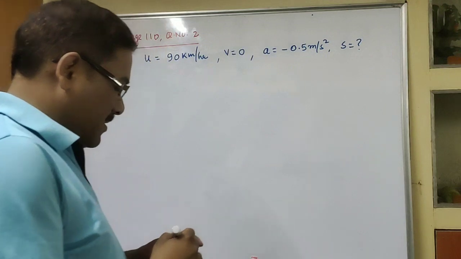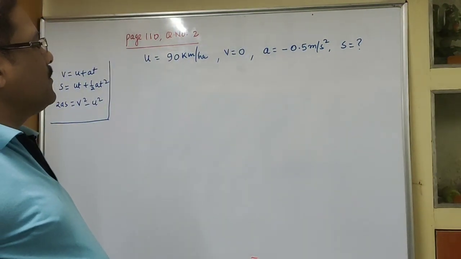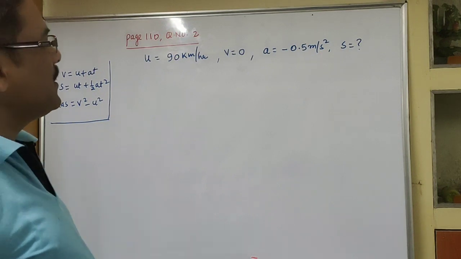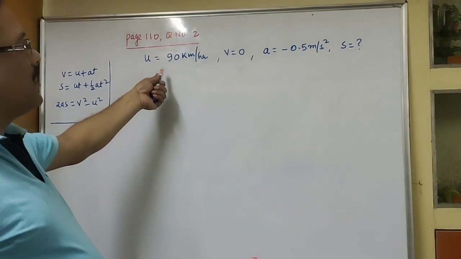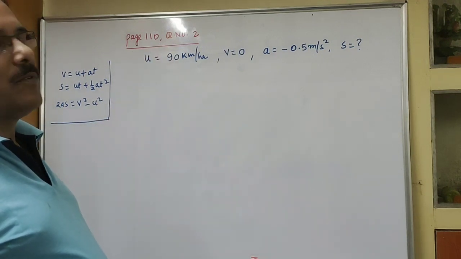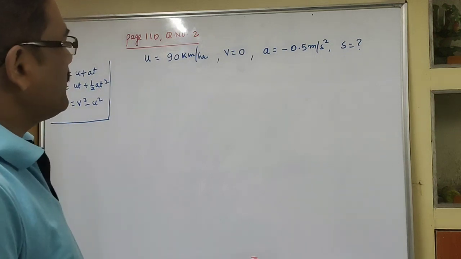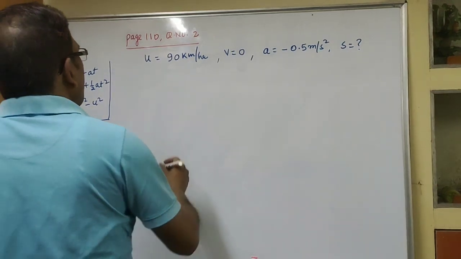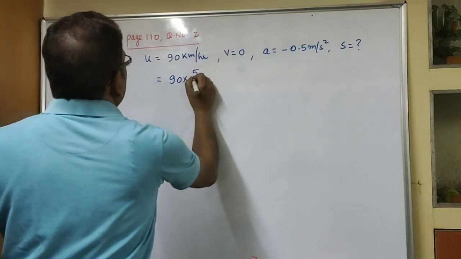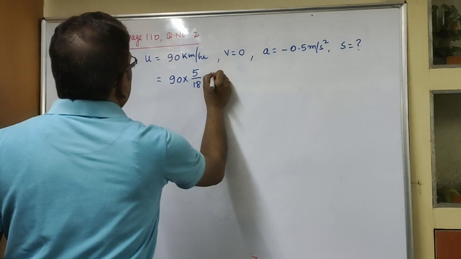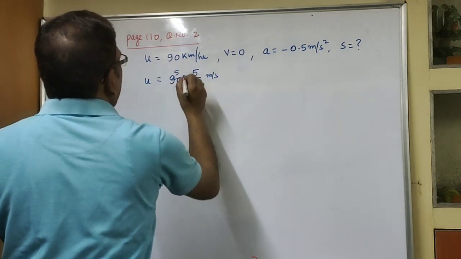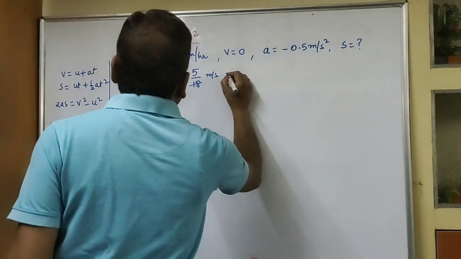How much distance the train will travel before coming to rest. Now first thing, acceleration is given in SI unit, whereas initial velocity is given in kilometer per hour. So you have to convert it into meter per second, and whenever you have to convert kilometer per hour into meter per second, you will multiply it with 5 by 18. So it will be 25 meter per second.